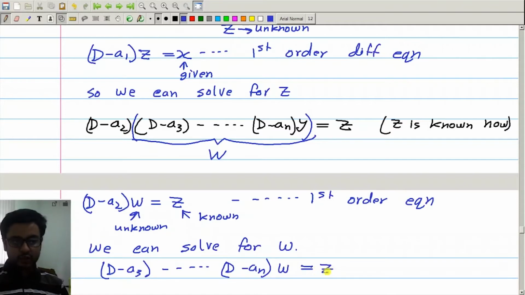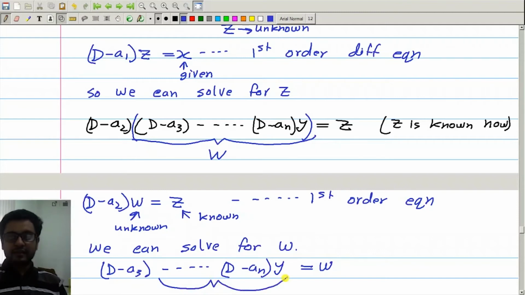Now z is known, this is y and here W. Now W is known and you can repeat this process by taking another signal defined to be this and repeat the process until you get y.